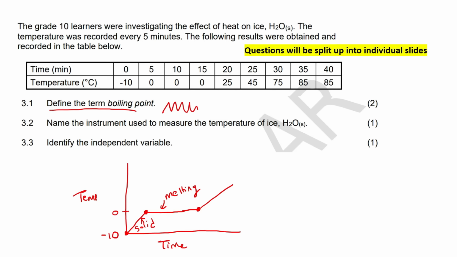So we know that boiling is when you go from a liquid to a gas. However, that is not what you must say when they ask you for the definition. The definition is actually quite weird, but let me try explain to you how this definition works.